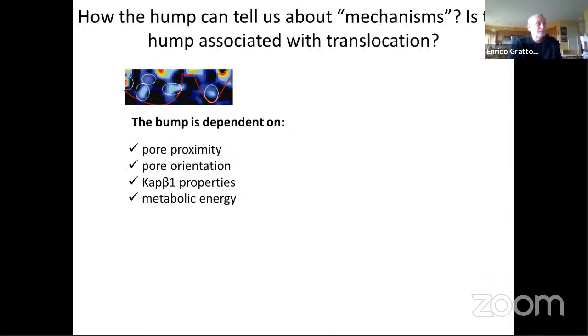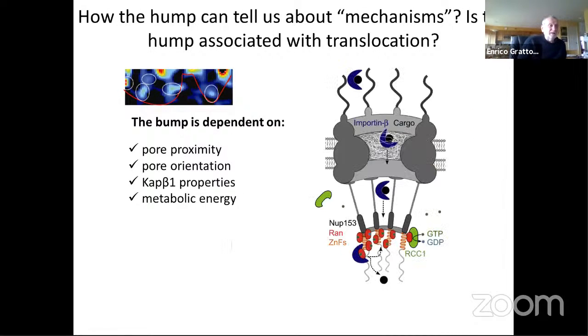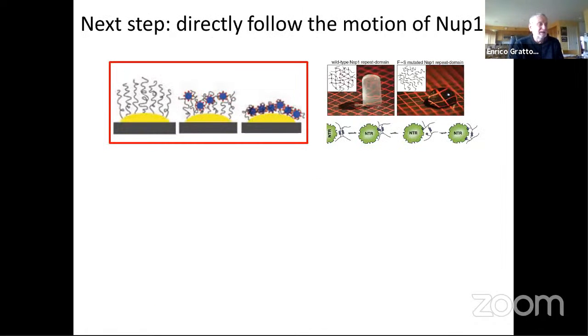But now suppose that we observe the passing of the cargo by making a cross correlation between the red part and the green part. If we make that, we will know if the cargo, which is in green, was here and then reappears on the other side, because it will change color, and then we can measure how long it takes to happen.